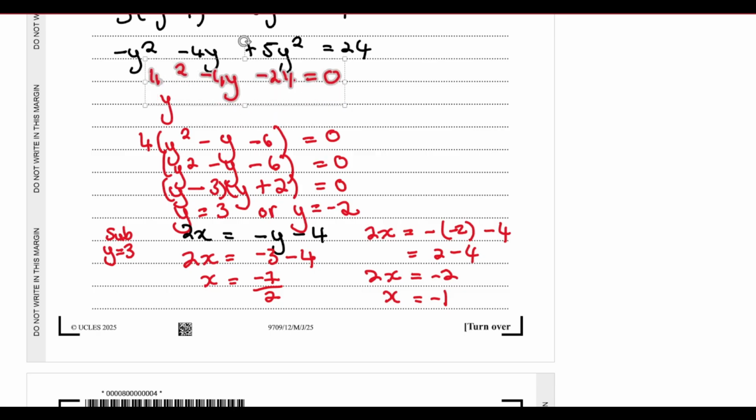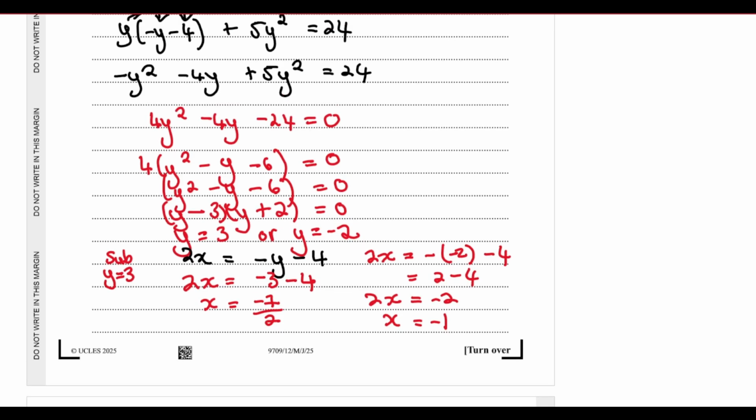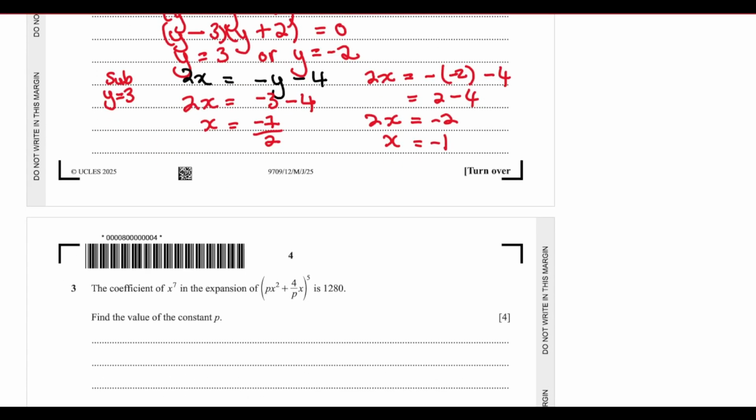I feel like they should have given you another page to write on. But let's just write down our final 2 points. x is -7 over 2, and y was 3. And when x is -1, y was -2.